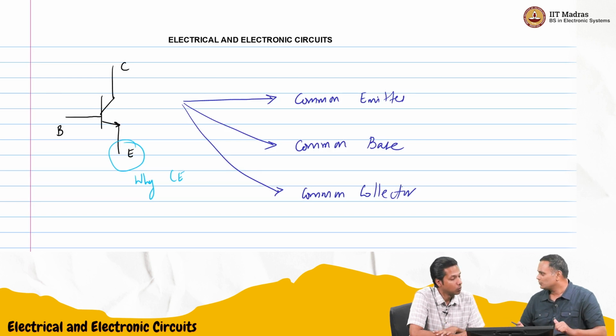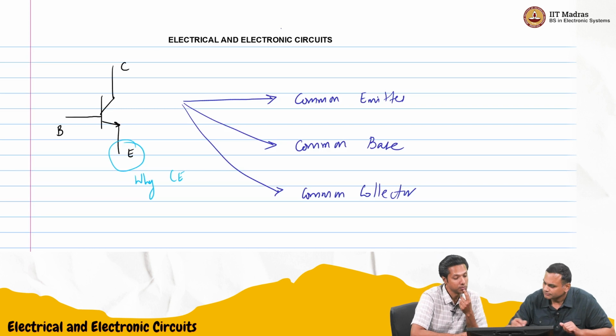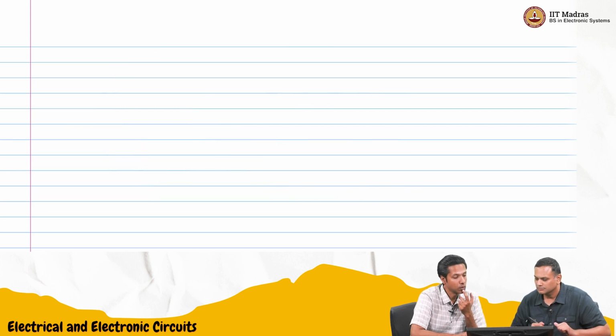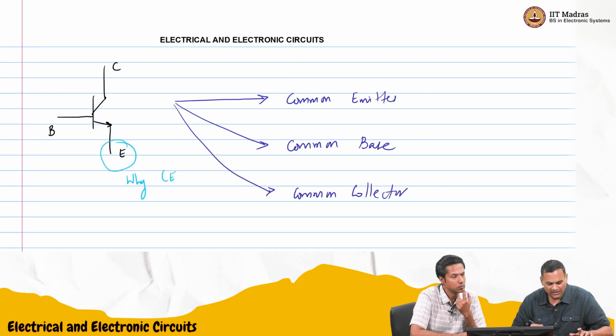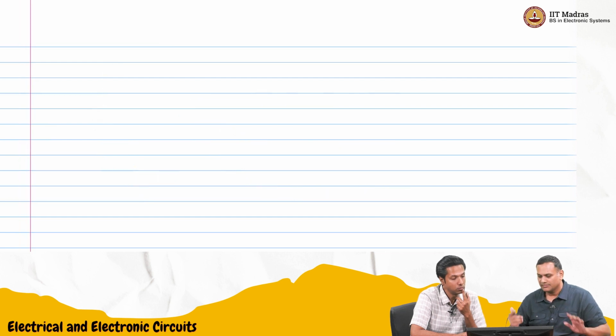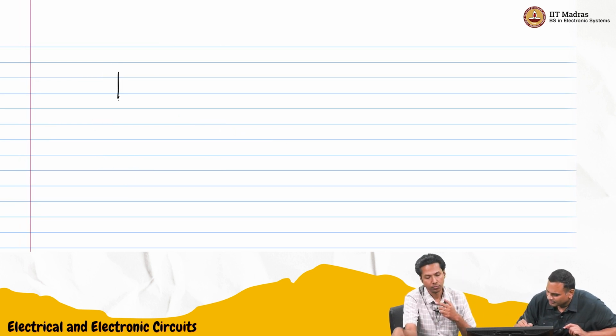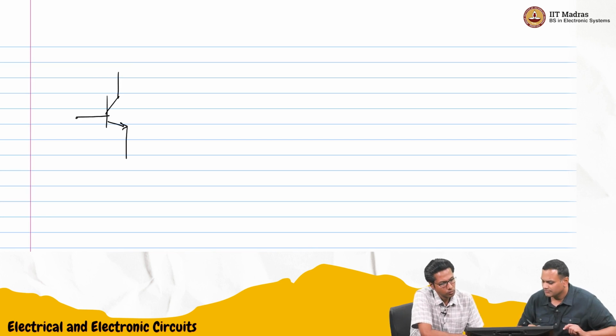So maybe we'll choose the common base. I'll start with the transistor, and we want to apply the signal on one side.